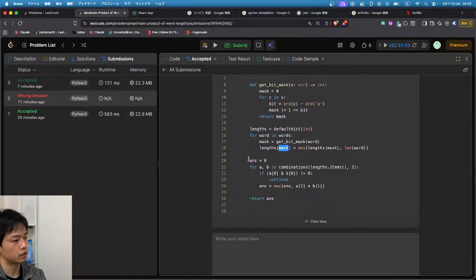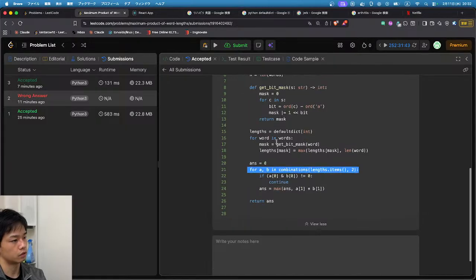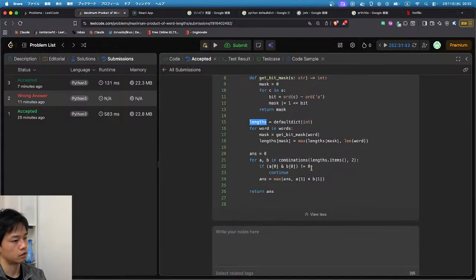And after that, this is the real part, and this is the combinations. We iterate through all combinations of this dictionary.